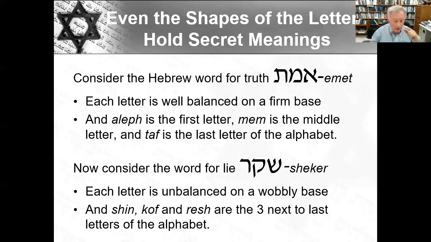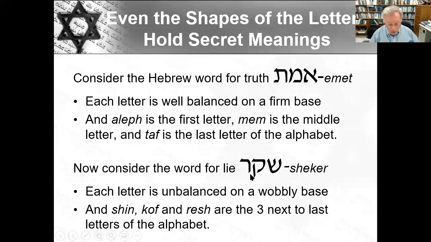Now consider the word for falsehood or lie, which is sheker. And I must admit, I deliberately chose this font, so the shin would even be wobbly. You can find fonts where the shin is a little more stable, but irrespective, the kuf is on one toe. In ballet, I guess this would be on point, and she's not even balanced.